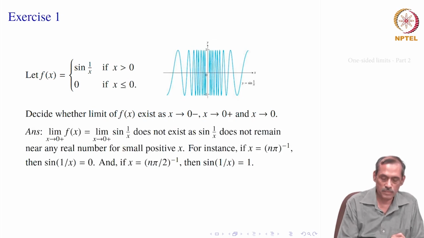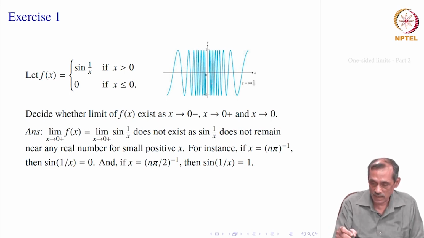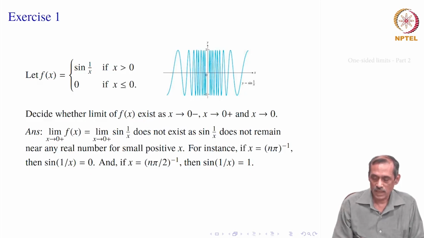So, what we are going to do is think of first the right side limit. Now, limit of f x as x goes to 0 plus is limit as x goes to 0 plus of sin of 1 by x, and that we know earlier does not exist, because sin of 1 by x does not remain near any real number, it varies between minus 1 and 1. But you can give the earlier argument, that is easy.